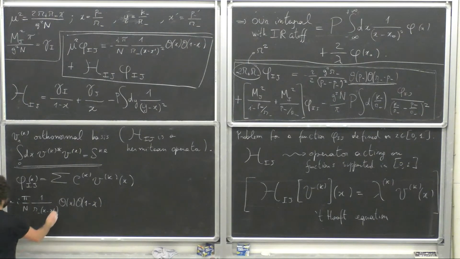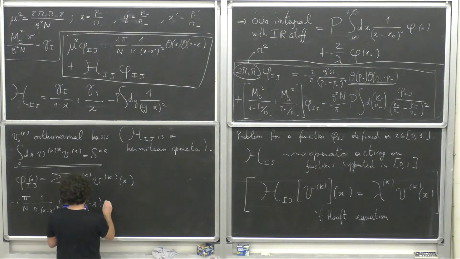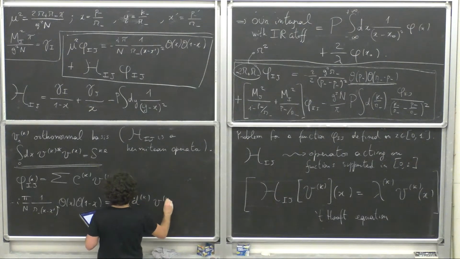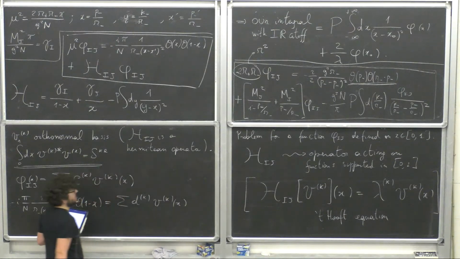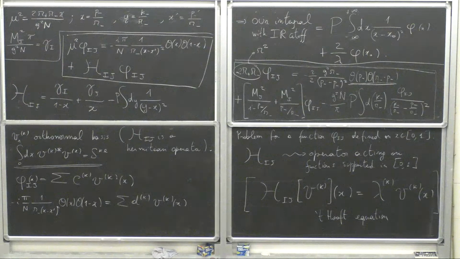Oh, this was a square. And then I get some d_k. By doing this, you see, if I am able to find such a basis of functions, I just turn my equation into an algebraic equation.